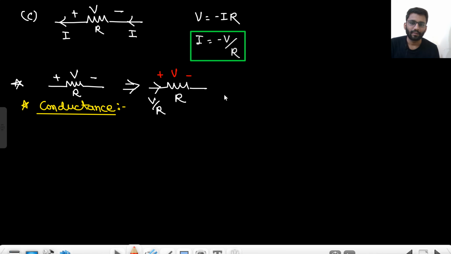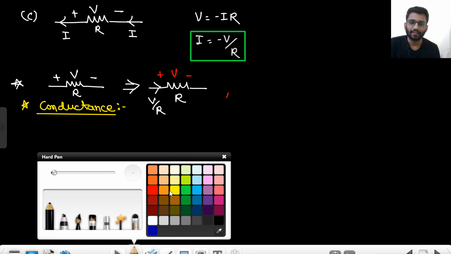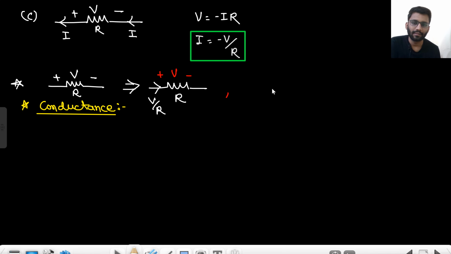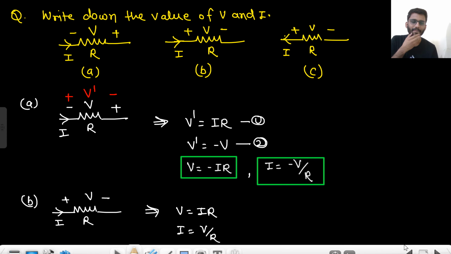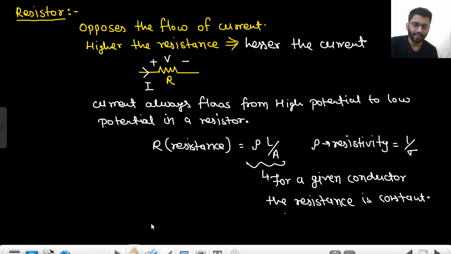Or like, there is some circuit given like this, and let's take a value now. 5 volt and this is 5 ohm. I actually forgot to write down the unit. Here I will write down the unit of resistance.